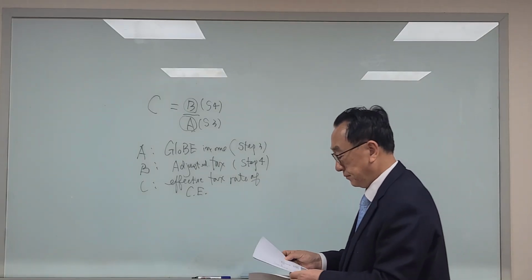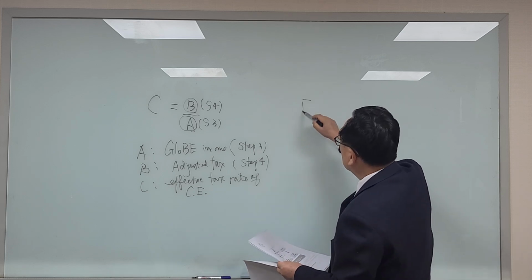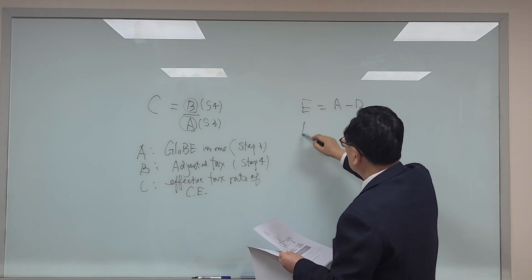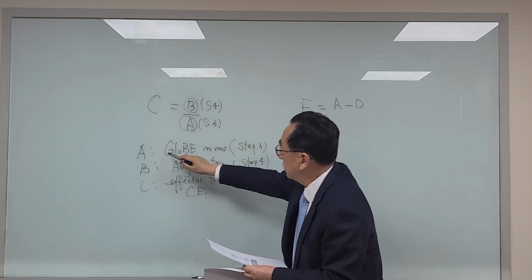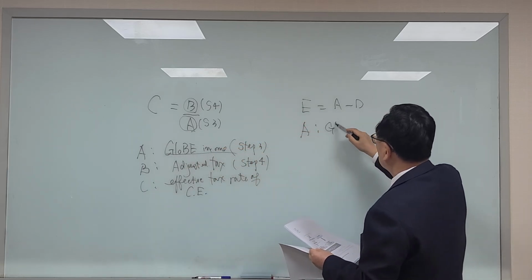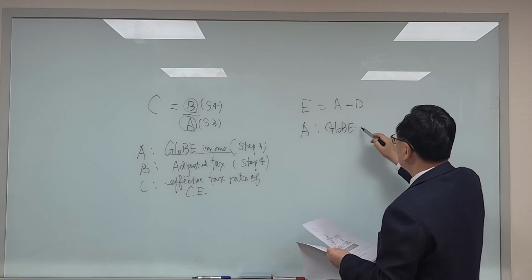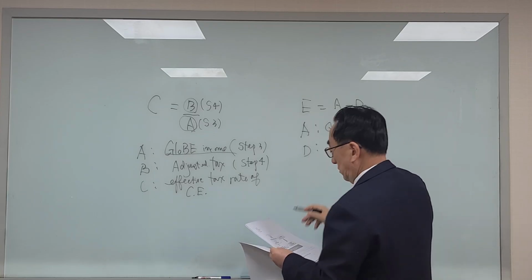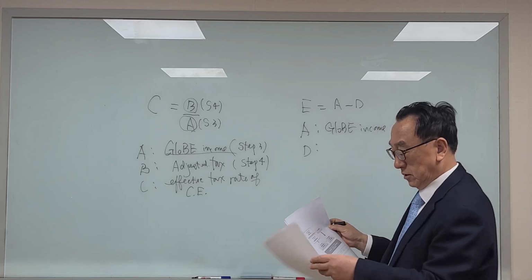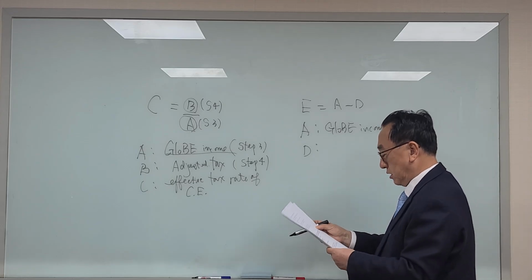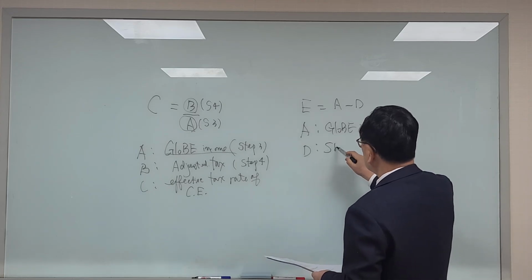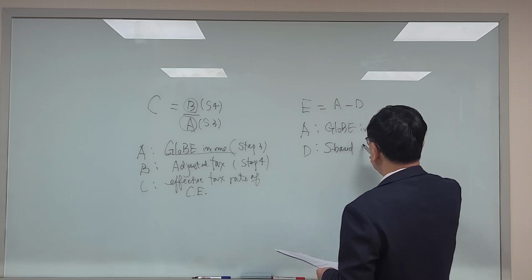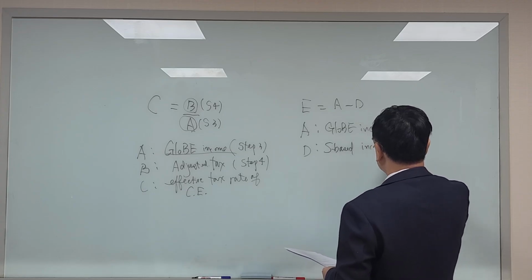And E equals A minus D. A equals global income. D means substance-based income exclusion.